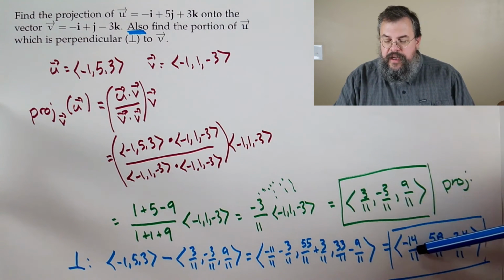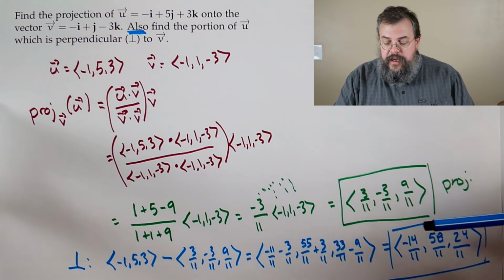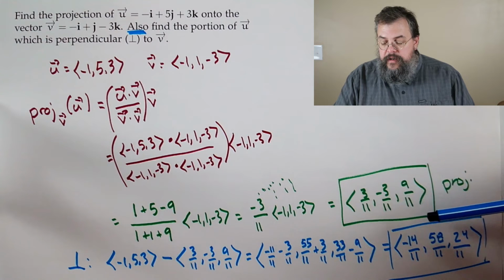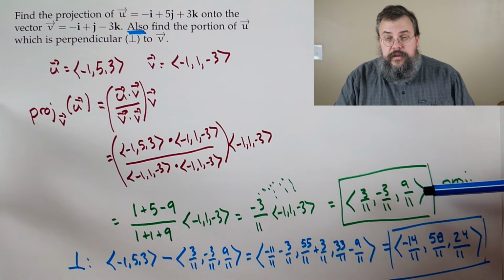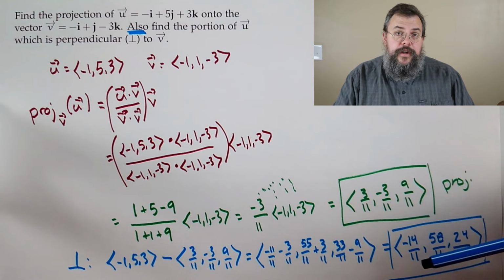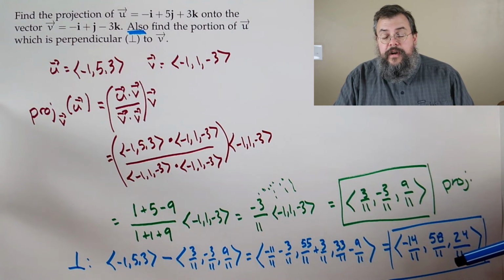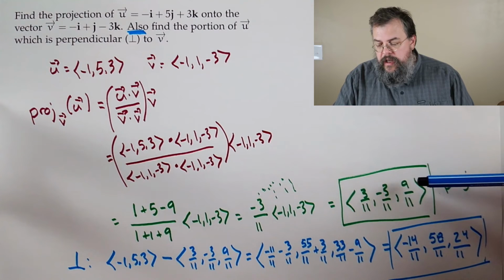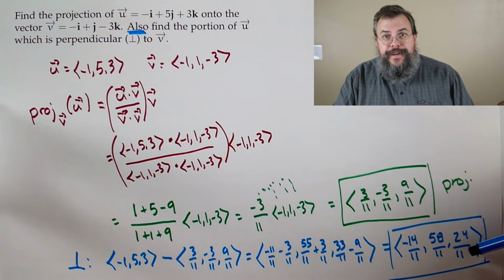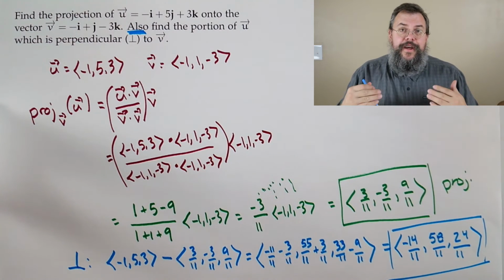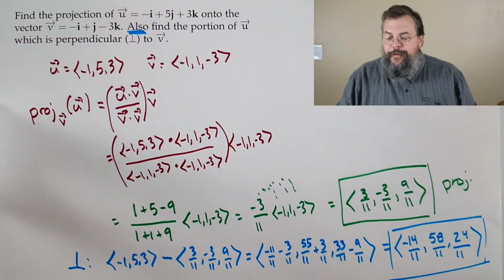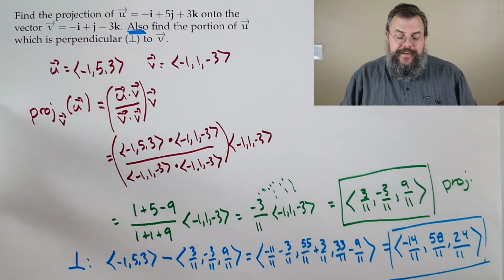So for example, 3 times -14 is -42. -3 times 58 is -174. So -42 and -174 gives -216. 9 times 24 is positive 216, and therefore when you put it all together, the dot product is indeed 0. So, whew, okay, we did something right. That's a good sign.